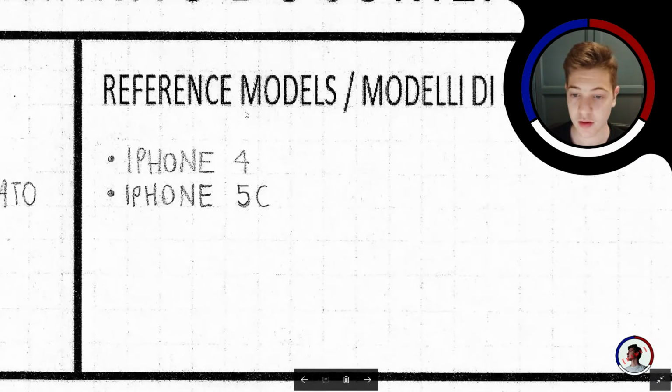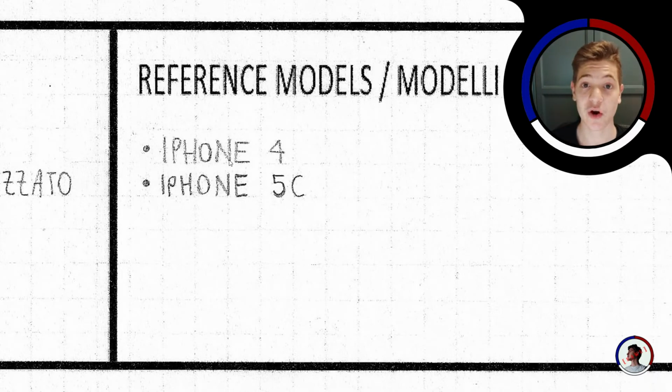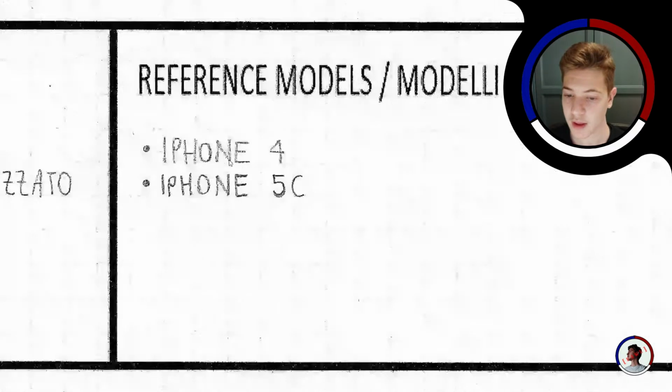And then as a reference model, I put the iPhone 4 because it's like an iconic Apple model and probably the first one that really innovated the design and the concept of mobile phone we had at that time, so like 12 years ago I think.